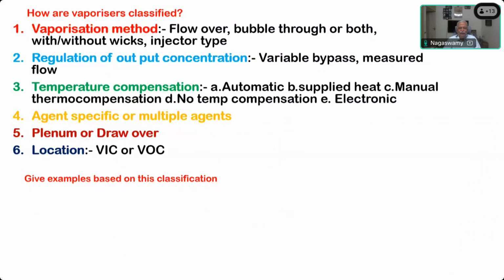If you are going to use it attached to the canister within the circuit system, then it is called inside the circuit. Okay. Now the starting point is from the hanger yoke assembly. From there it comes to the flow meter. From the flow meter it is going to the vaporizer.